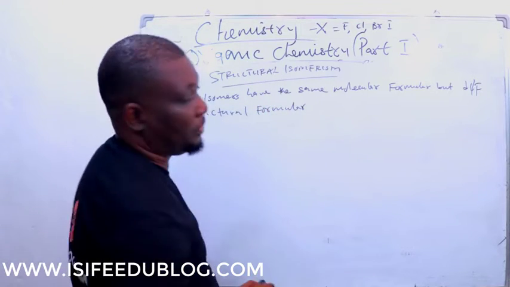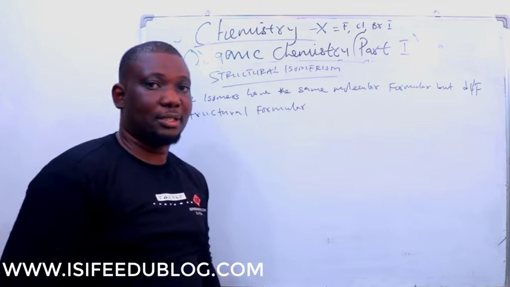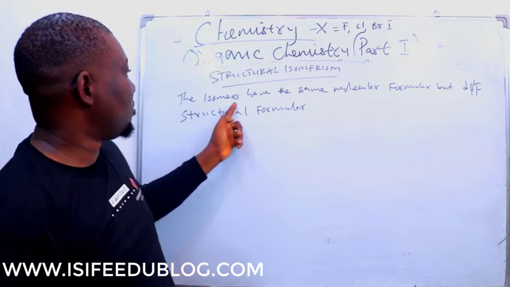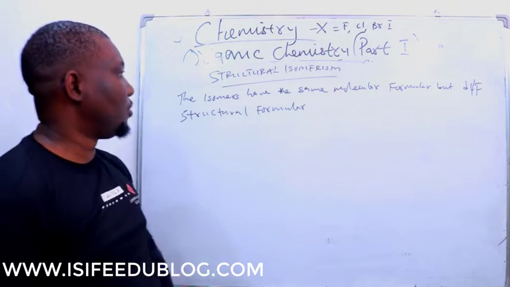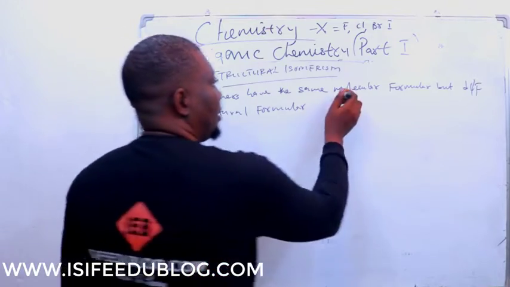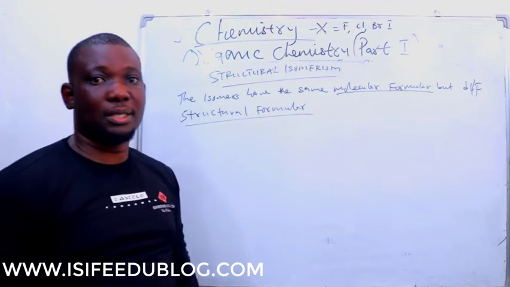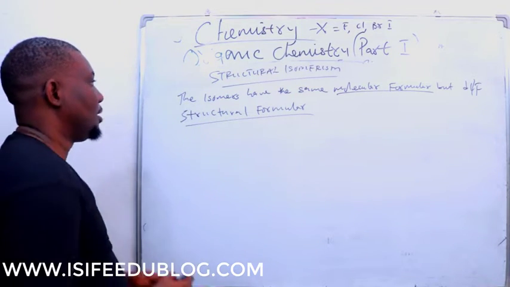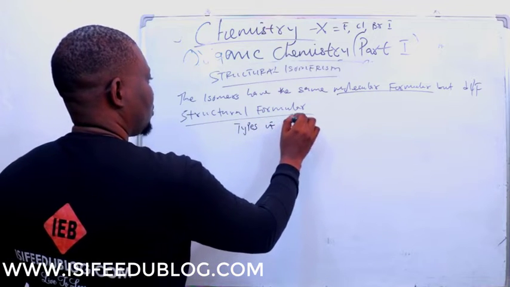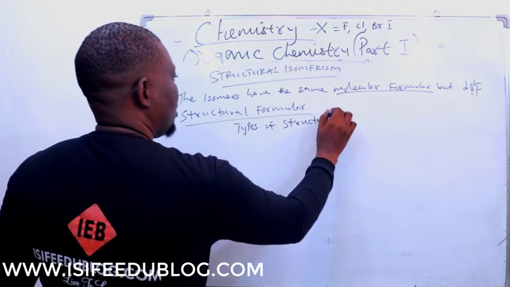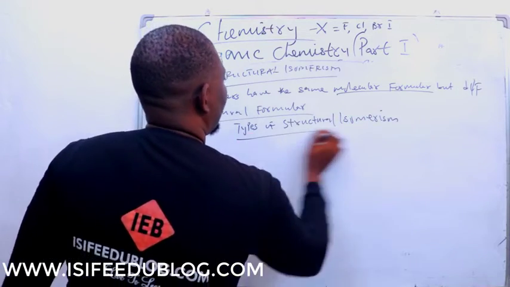Most times when we are asked to define isomerism, we define structural isomerism, not minding that it is not correct. The isomers have the same molecular formula but different structural formula. That is constitutional isomerism. Types of structural isomerism.